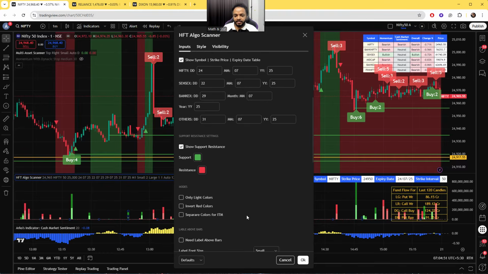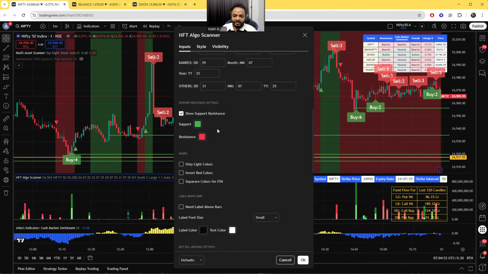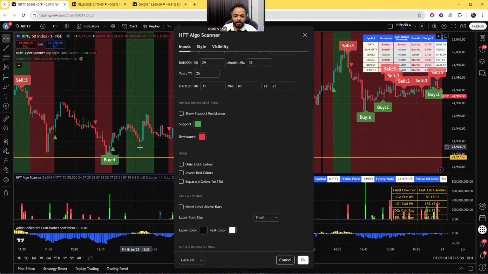Now coming down to the next thing, show support resistance. Suppose I remove this, now look here, these green lines went out. This yellow line is a personal support that I've drawn manually.